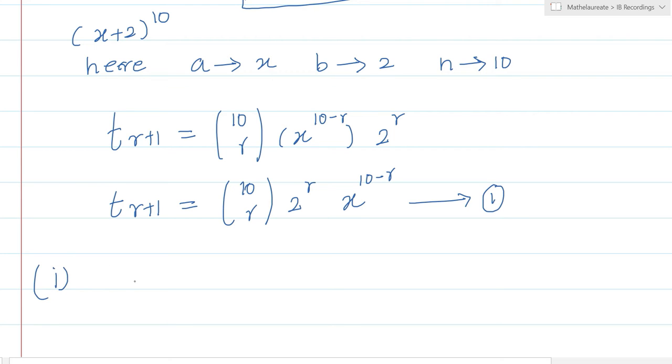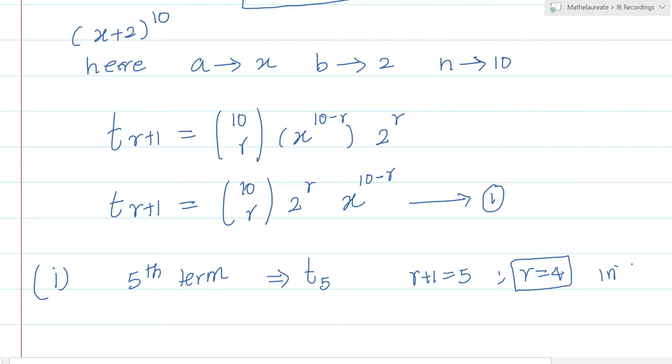First, we are looking for the fifth term in the expansion. See here T(r+1). Fifth term means we are looking for T5, which means r plus 1 should be equal to 5, so we plug in r equal to 4 in relation 1.